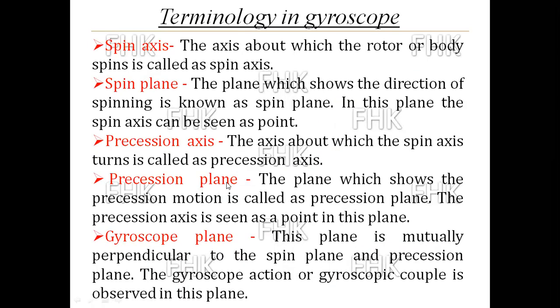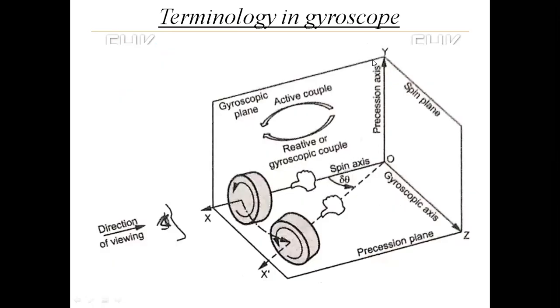Now, precession plane. The plane which shows the precession motion is called the precession plane. From the top view, you can see the turning of this rotor. There are two motions: one is the spinning rotation, and the second rotation you can see from the top view, about the OY axis.